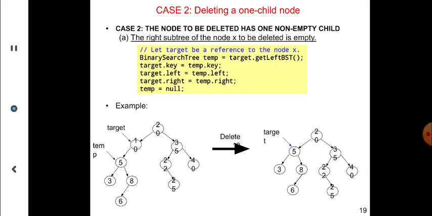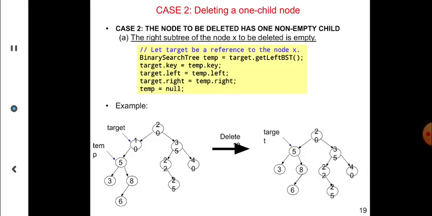Case 2, if you want to delete a one child node. The first thing is you first come to the value. The target is 10. You have to delete 10. So what happens in this case of deletion?